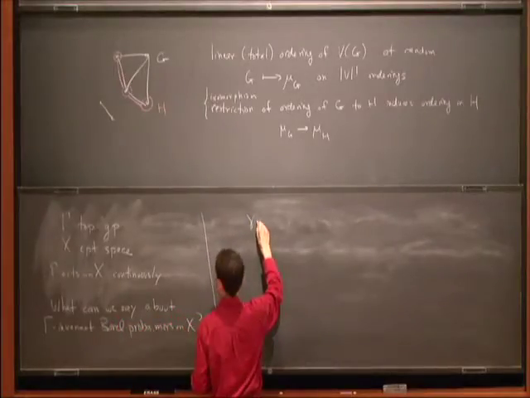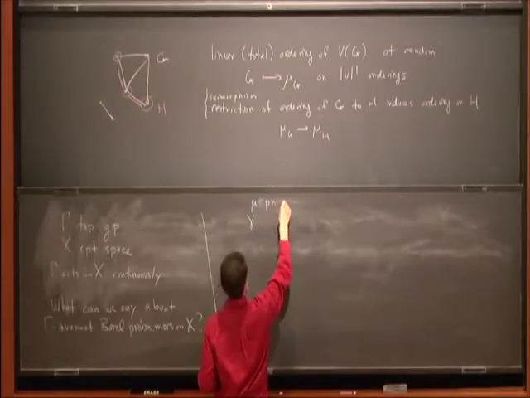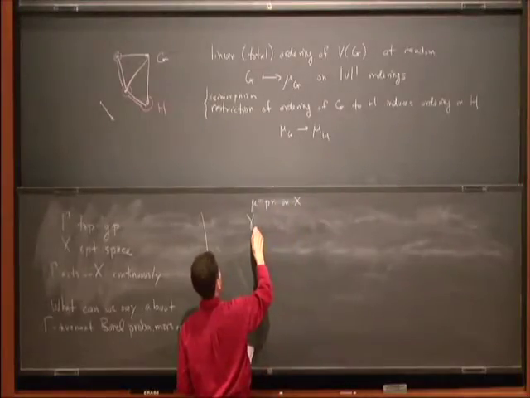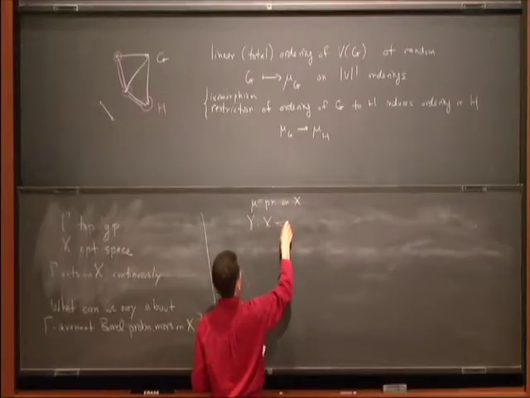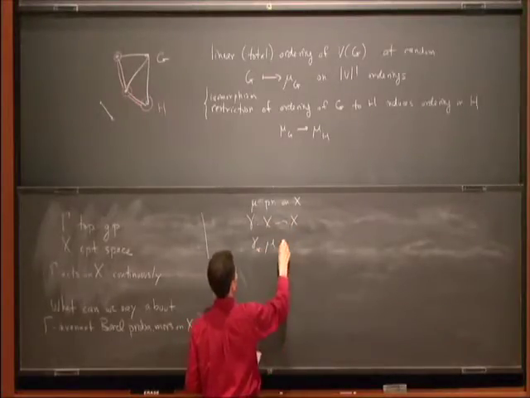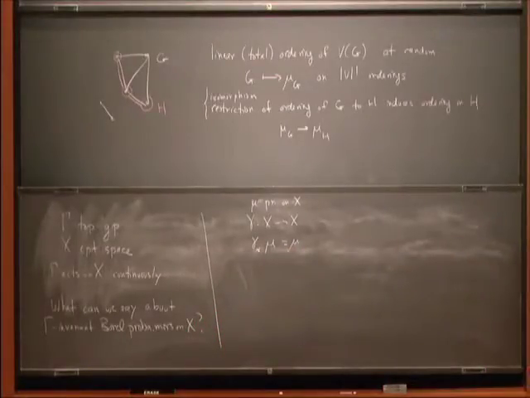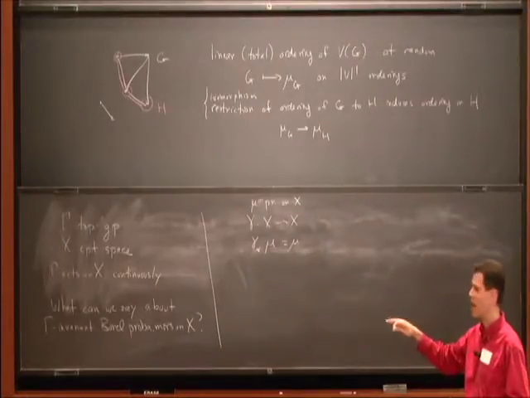So gamma invariant means, if mu is a probability measure on X and you act by gamma, then that pushes forward mu to gamma star mu, and that should equal mu for all gamma. That's what it means to be gamma invariant. So what can we say? From now on, measure will mean a Borel probability measure.